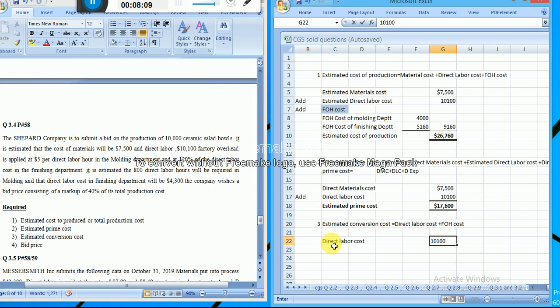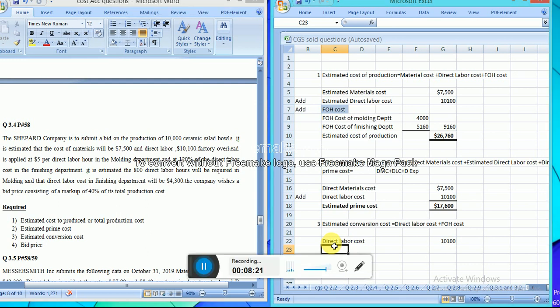Why am I taking the 10,100 direct labor cost and why not 4,300? Look, the 4,300 is expected in the finishing department, and the overall direct labor cost estimation is 10,100.